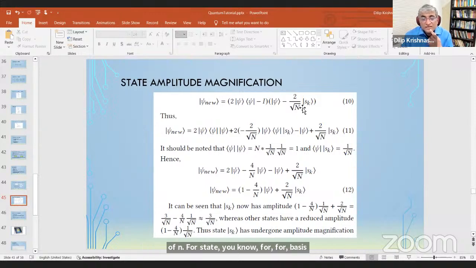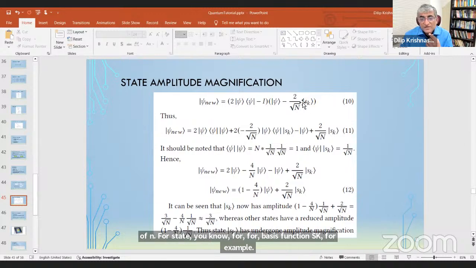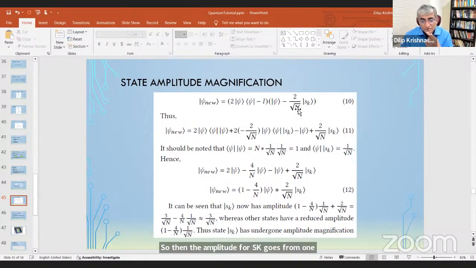So then the amplitude for sk goes from 1/square root of n, say, to minus 1/square root of n, because psi contains sk itself with the amplitude 1/square root of n. And then you're applying the reflection transform.